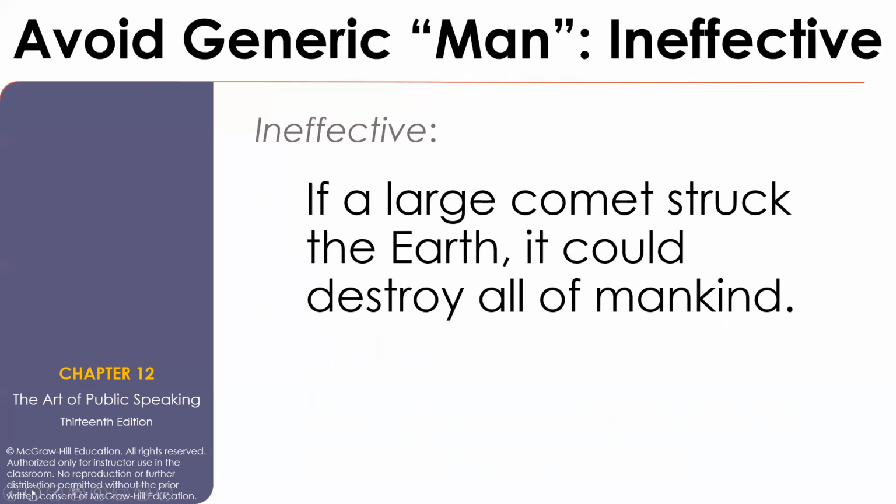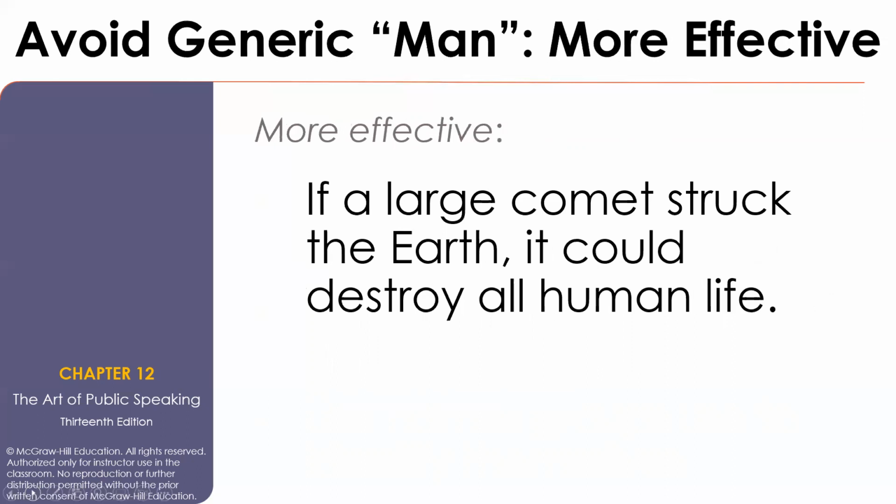In terms of avoiding the generic man, an ineffective example is, if a large comet struck the earth, it could destroy all of mankind. And that's one of those we actually hear pretty commonly, right? The mankind word. Instead, try, if a large comet struck the earth, it could destroy all human life, making sure that it's inclusive.